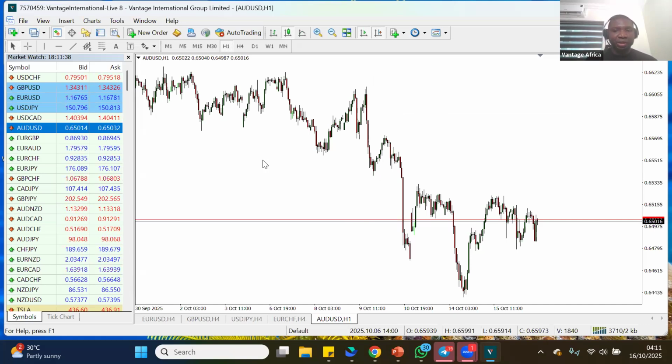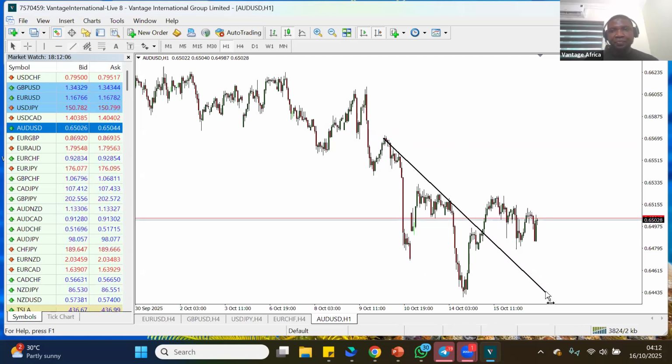So we can see that the market was making higher highs here and making lower highs here and lower lows, and then lower highs. Let's start off by using this trend line here, and this trend line tells us that the market has been trending down for some time.